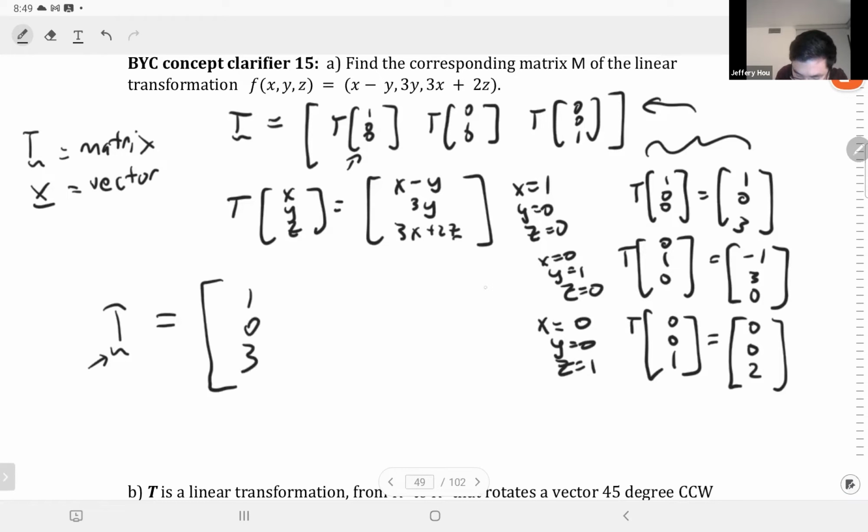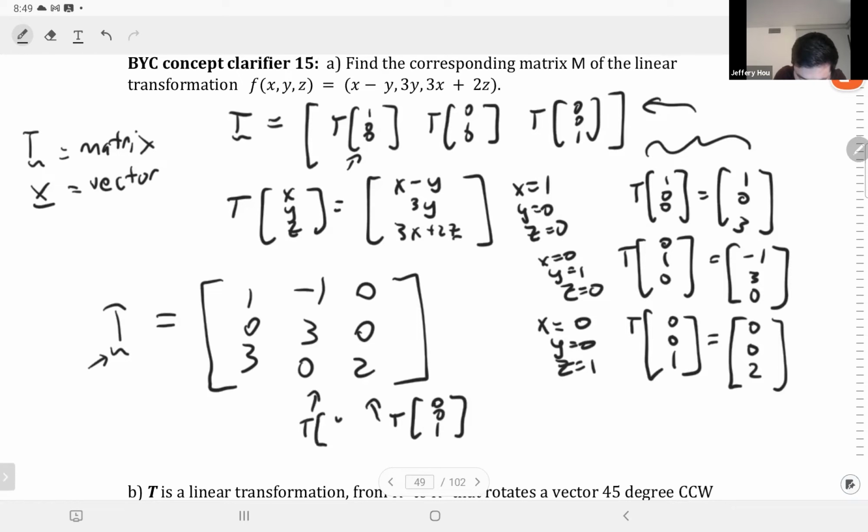T of (0, 1, 0) is in the middle, which is (-1, 3, 0). And finally, the rightmost column, T of (0, 0, 1), is (0, 0, 2). Just to be extremely clear, this is T of (0, 0, 1), this is T of (0, 1, 0), and this is T of (1, 0, 0).